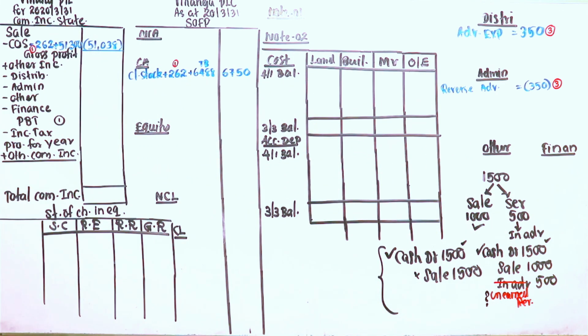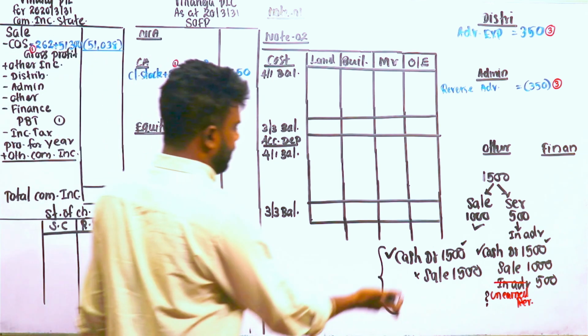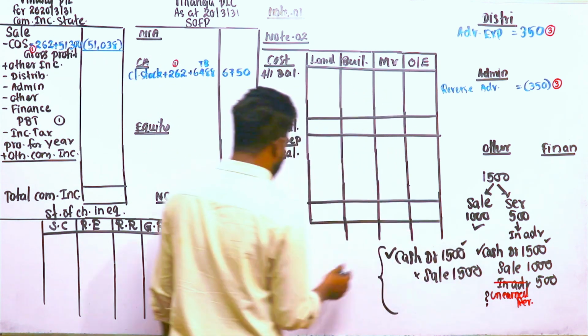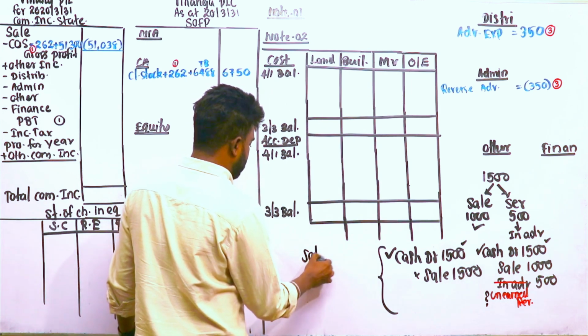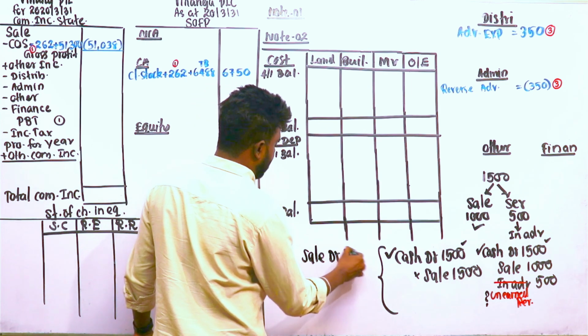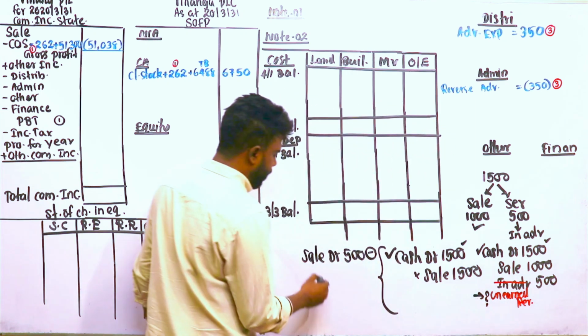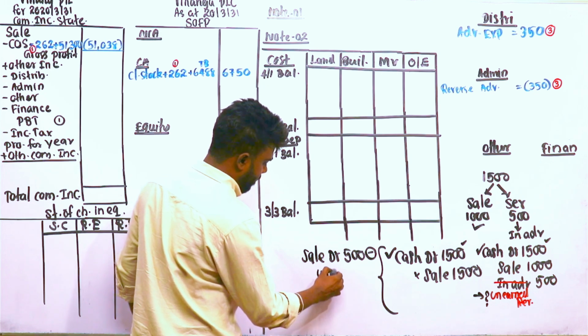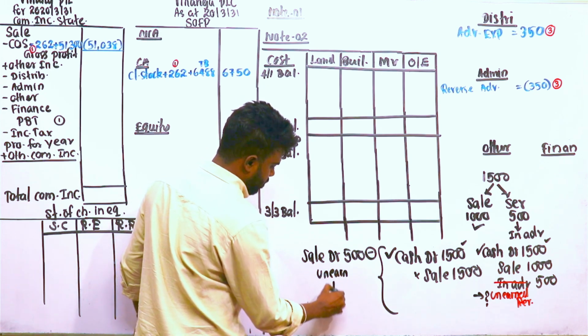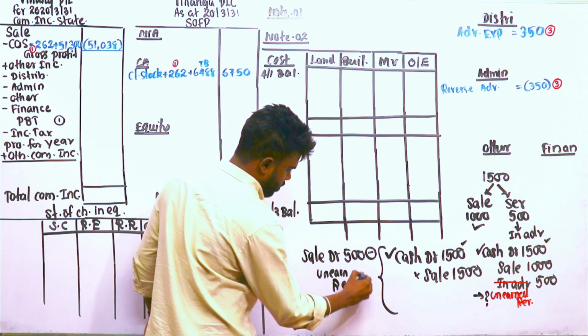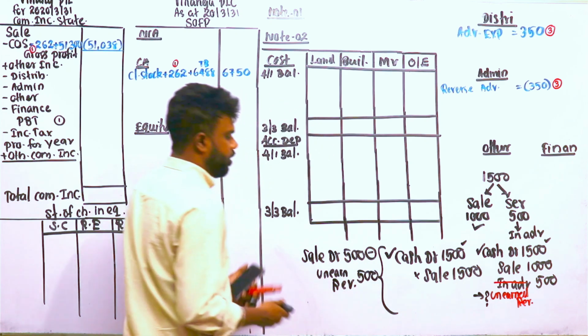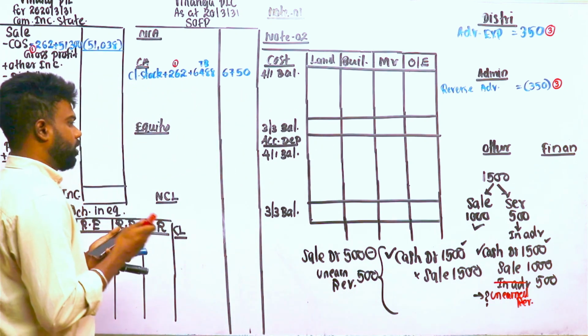What do we have to do? The excess 500 was credited to the sales account. Therefore, sales debit. Again sales debited, that excess value, which means minus, credited to the unearned revenue account. Unearned revenue. Clear?